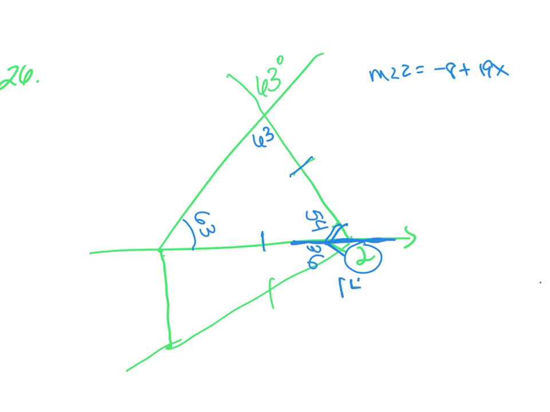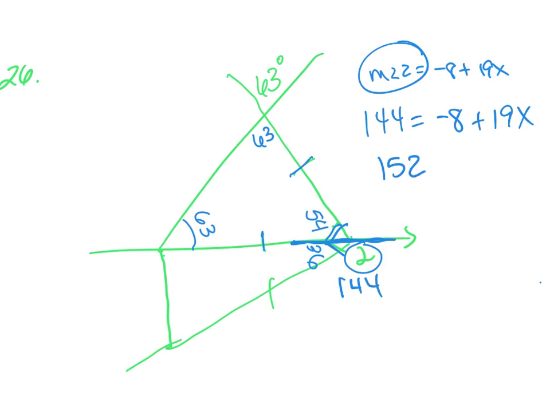So this is 144. So now I just make that 144 equals negative 8 plus 19x. Add 8 to 144, and I get 152, correct? Equals 19x, and divide by 19, and I have 8.